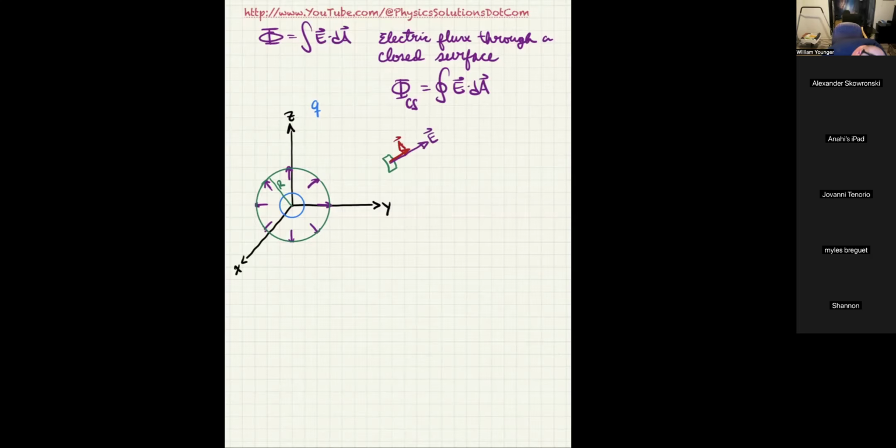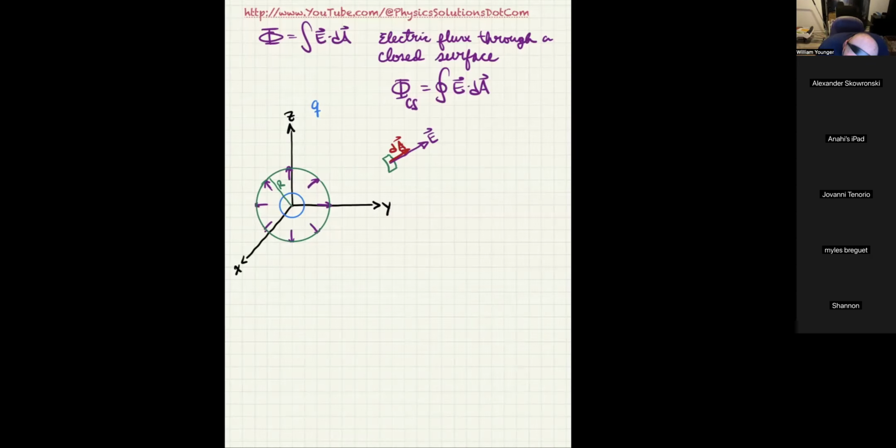Because of this, the cosine becomes the cosine of zero, which is one. So we end up just getting E times A. But since we divided the A up into such a small area, it's technically a differential dA. So that's what it looks like everywhere.